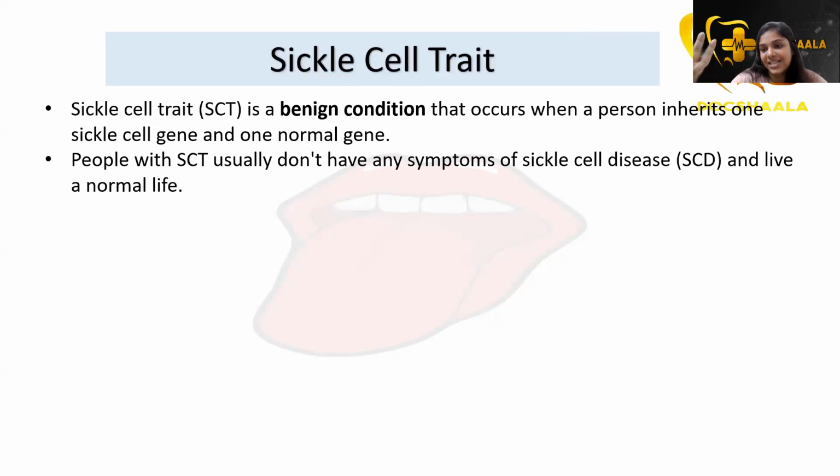If two sickle cell genes are inherited, then it is sickle cell anemia. If only one sickle cell gene and one normal gene are inherited, then the patient is experiencing sickle cell trait. So they do not have symptoms usually, and they can live a normal life. Okay, there is no need of treatment since symptoms are not there. So the patient leads a normal life.